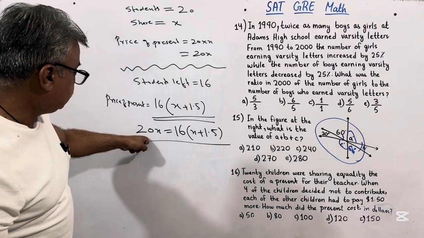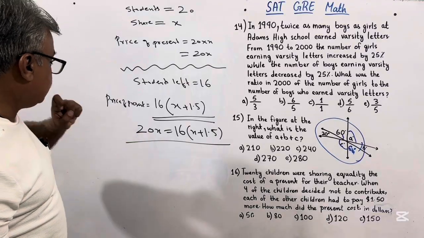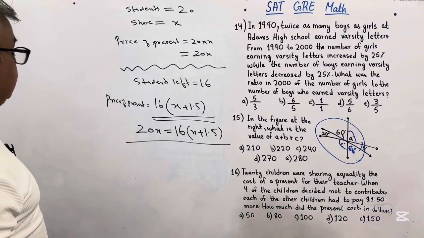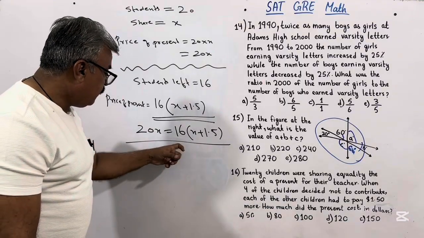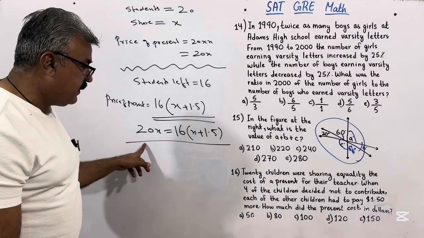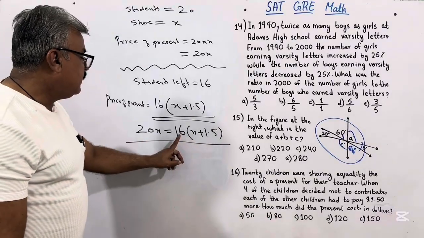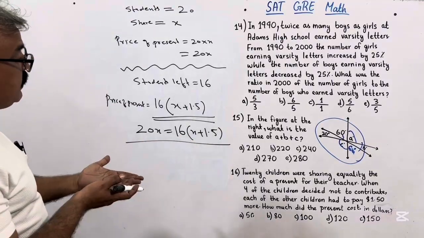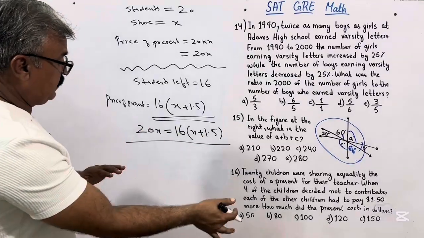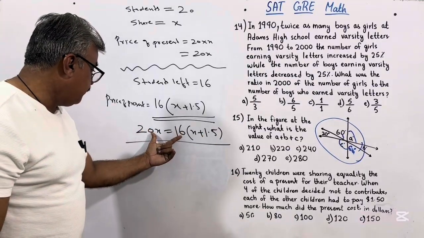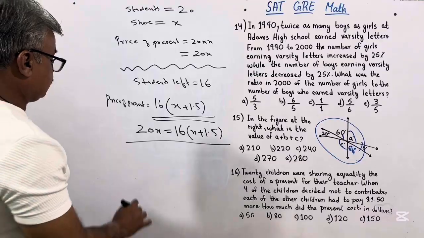When there were 20 students, they were sharing the price of the gift. And here there are only 16 students, but they are contributing something more in order to manage the deficiency.